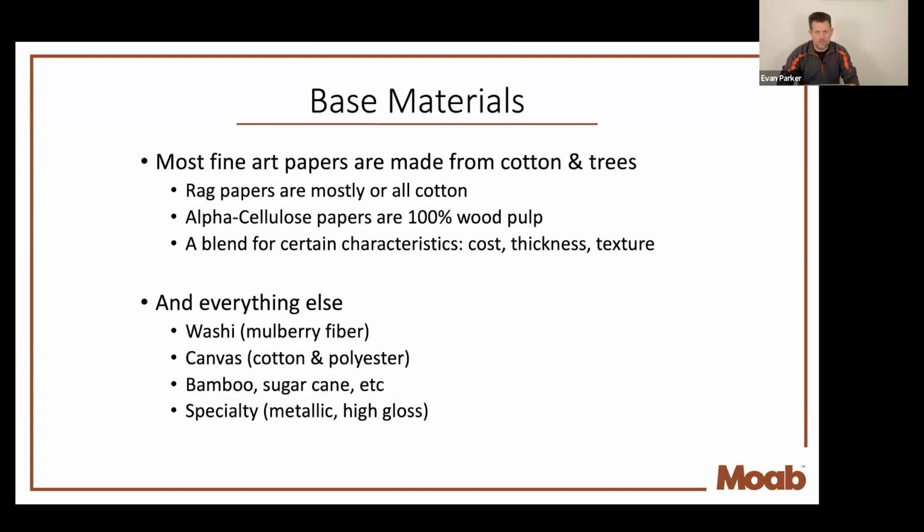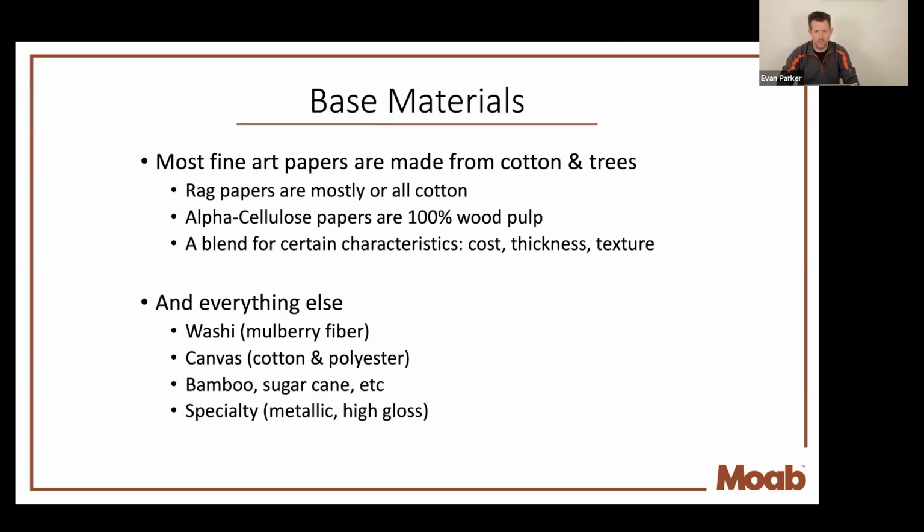Rag papers are mostly or all cotton. Some people also call these fine art papers because cotton has been a component of paper for a very long time, and a lot of your high quality drawing, pastel, lithography, art papers are all made of cotton, so they're often called fine art.